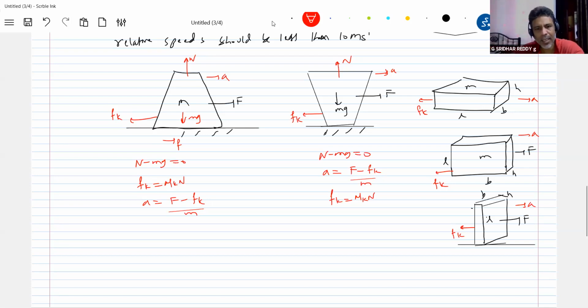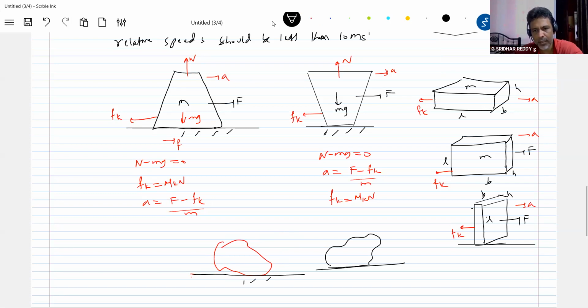Means I'll come directly to an object like this. You keep the object on the ground, then the same object in some other position.